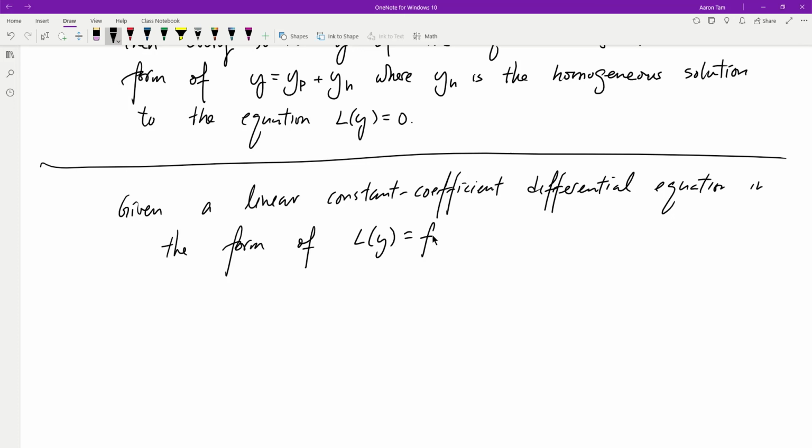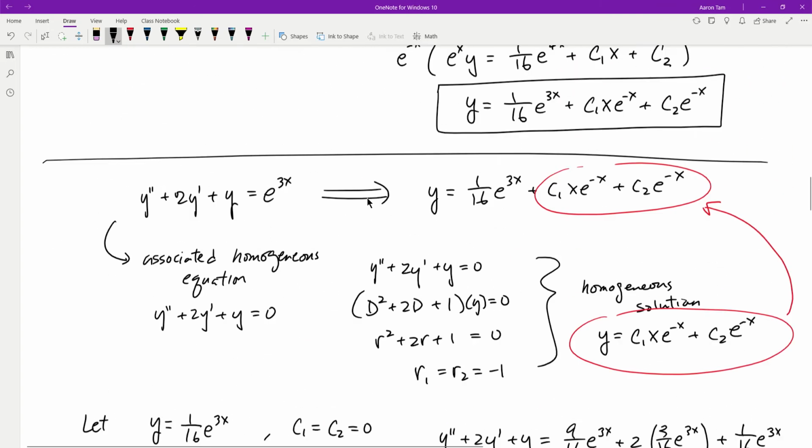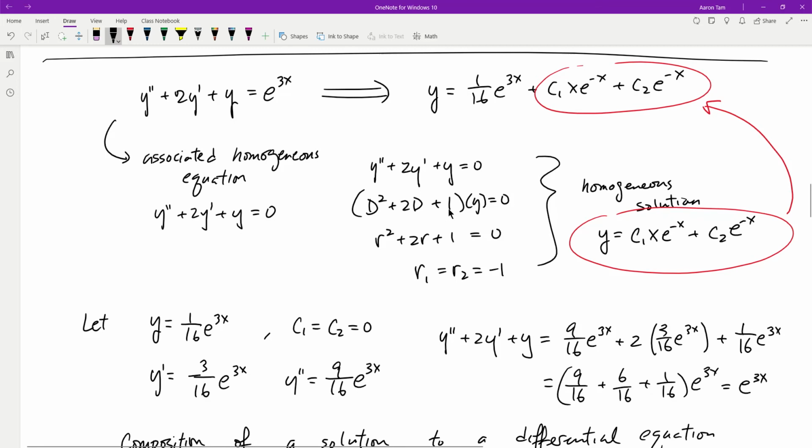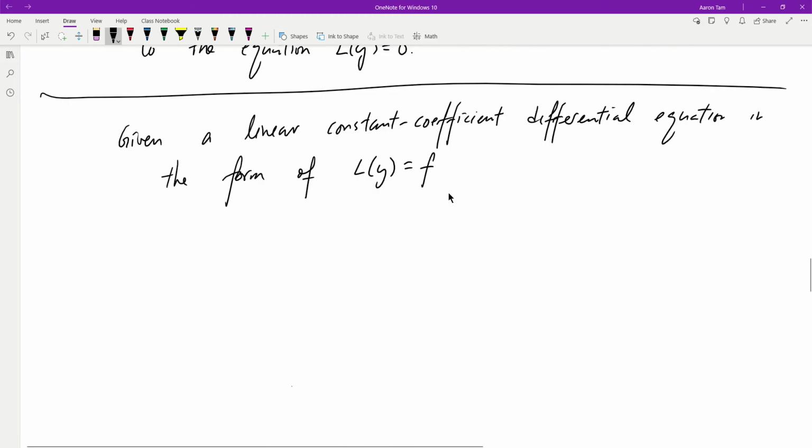Here L would be a differential operator that has constant coefficients, and if you want to know what L looks like, we saw that right here. D squared plus 2D plus 1, that would be the L, the linear operator that involves the differential operator inside. And this equation is definitely non-homogeneous unless f is 0, which we're going to say it is not.